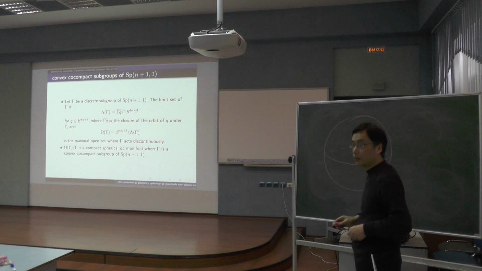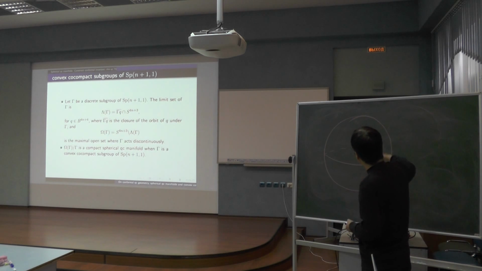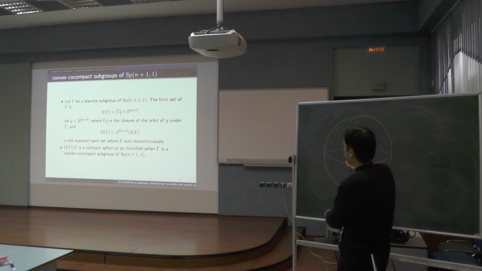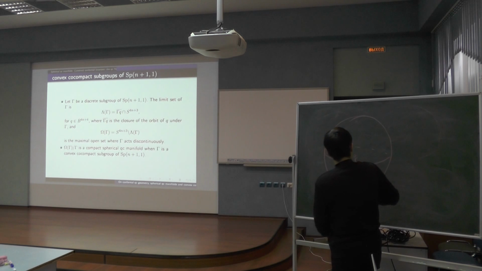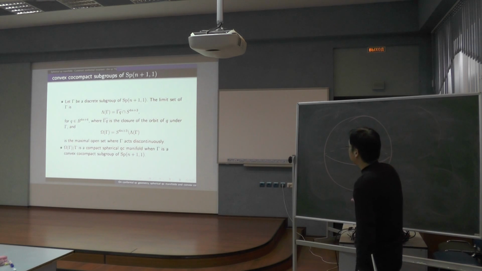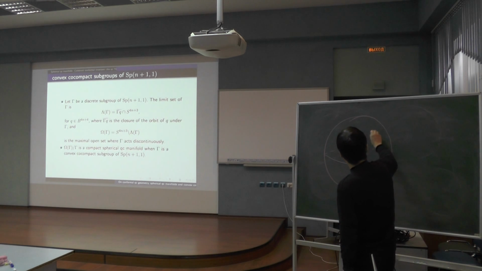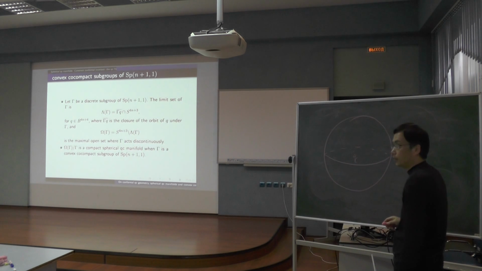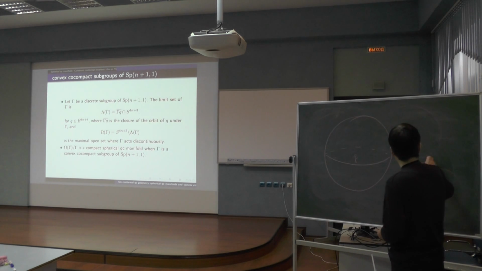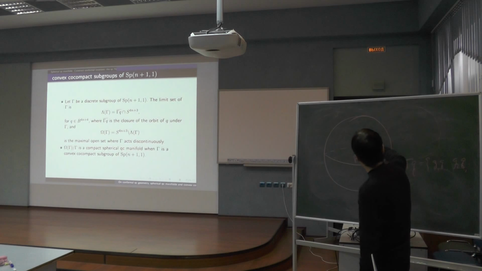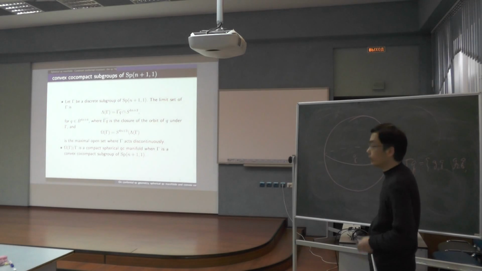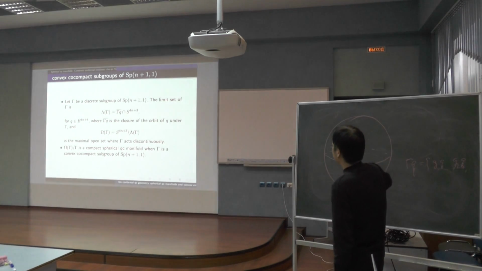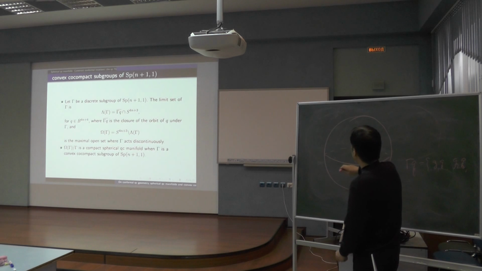Now we have the quaternion hyperbolic space. We take a point q, and gamma q is the orbit, meaning the group acting on q: g1 q, g2 q. So it is the orbit, and the orbit has a limit set.